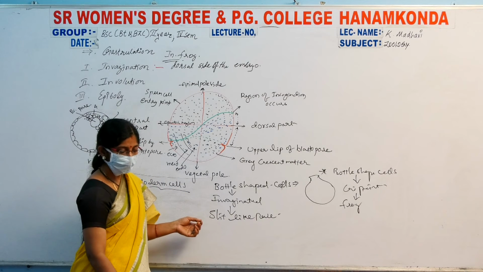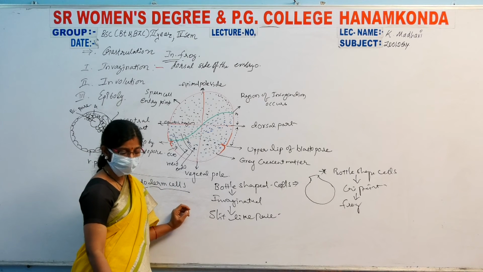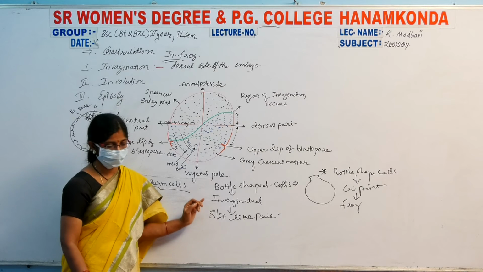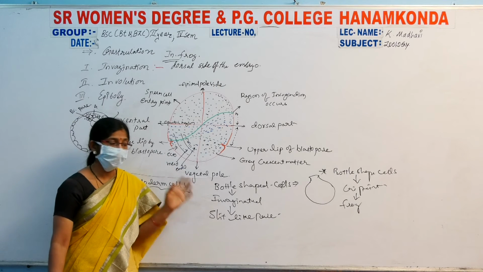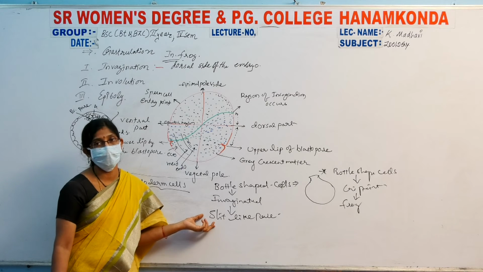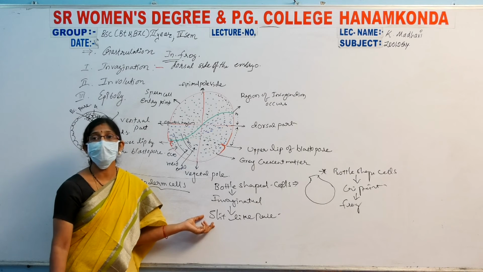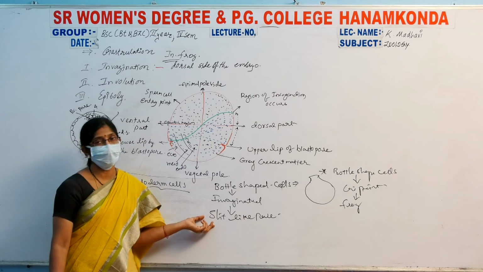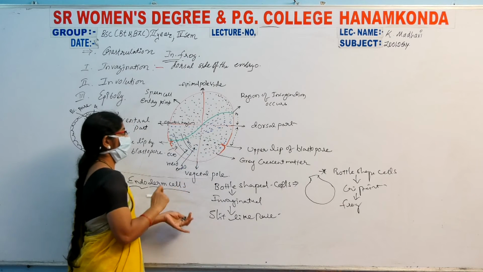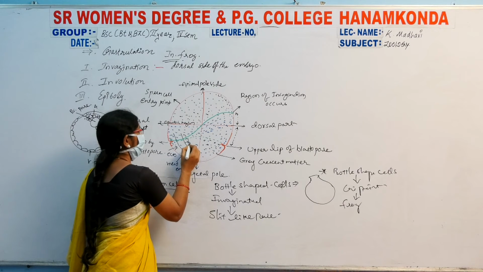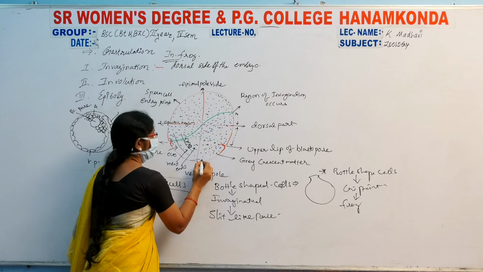So the bottle cells appear to create a local invagination in the marginal zone. Marginal zone means the peripheral region. These bottle-shaped endodermal cells move into this side.